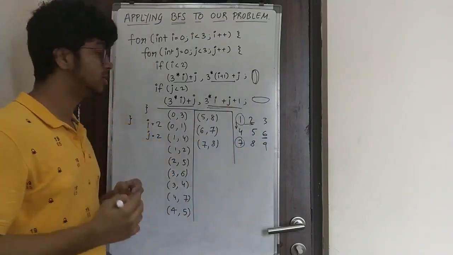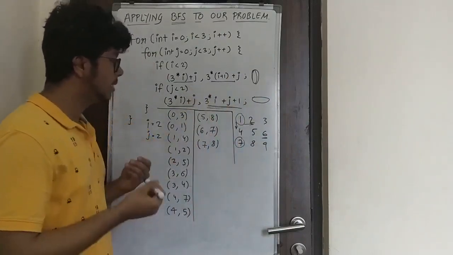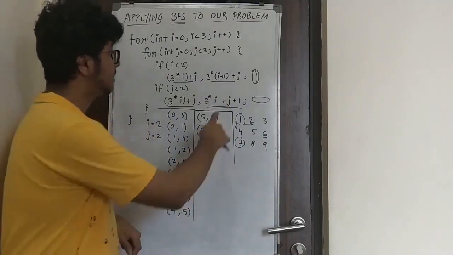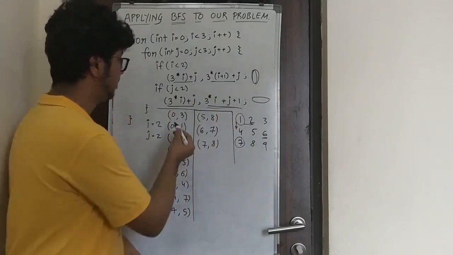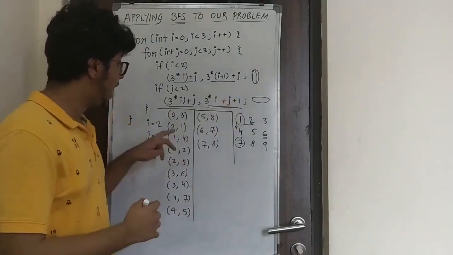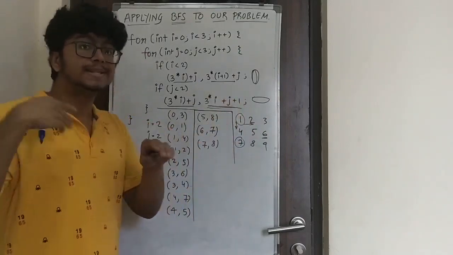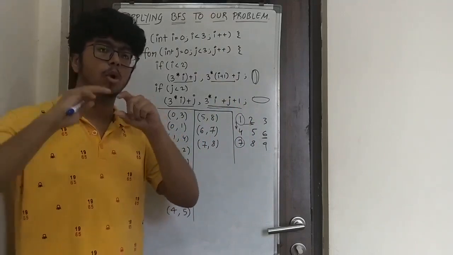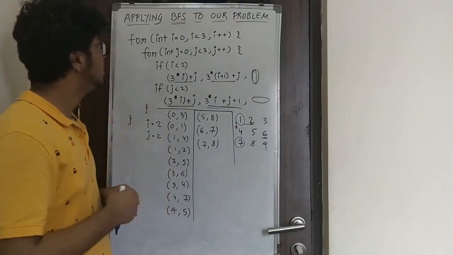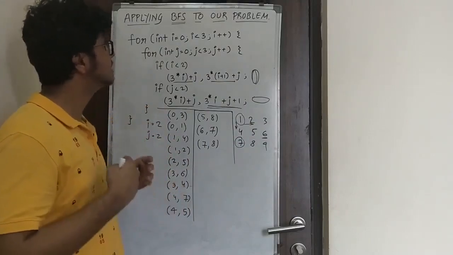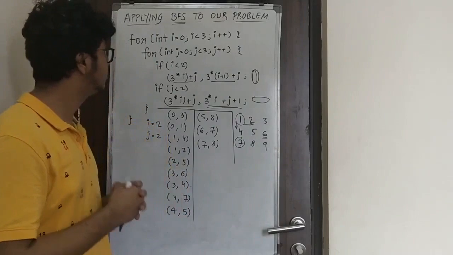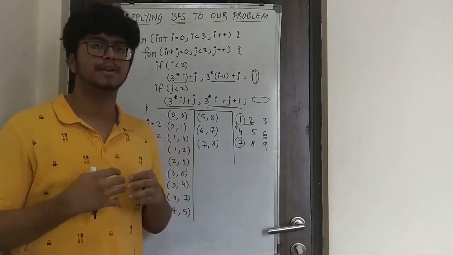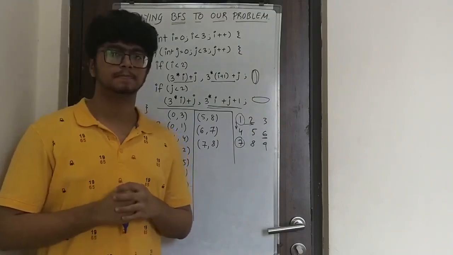If you have a close look, both of these are the same, because this gives me the exact same node which I am working upon, but this gives me the node below it, 0, 3 in this case, and this code gives me the node beside it. Basically it tells me all the nodes which can be swapped, right? So yes, this is the basic intuition, this is the practical application which we would be dealing with, and this would help us to solve the problem and apply BFS in the answer.